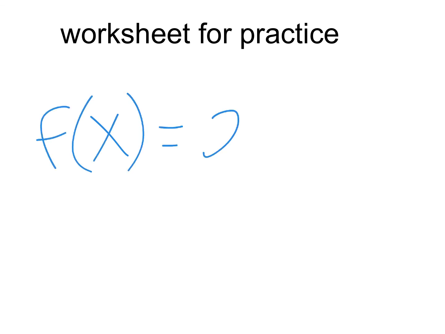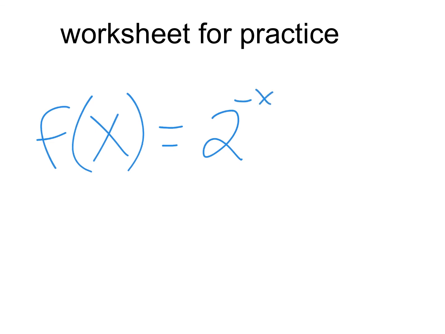Okay, it says U5L5 worksheet. Cameron, could you read me problem number 1 from the U5L5 worksheet? f of x equals, and that's like y equals, 2 to the -x.